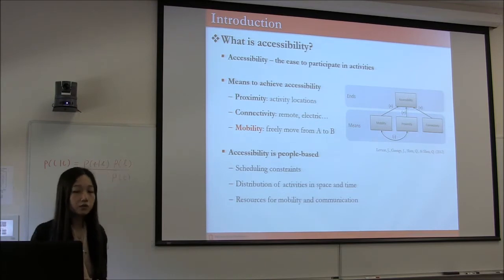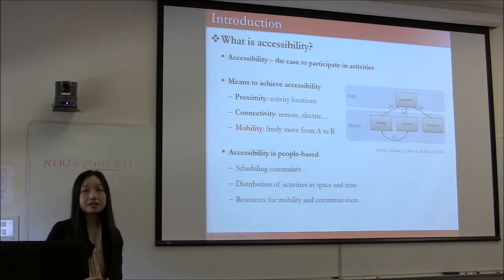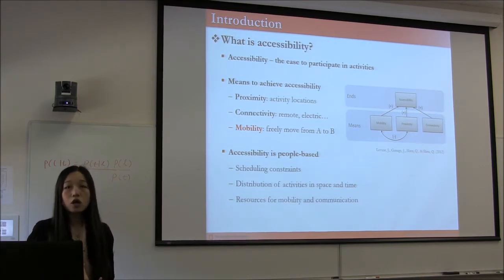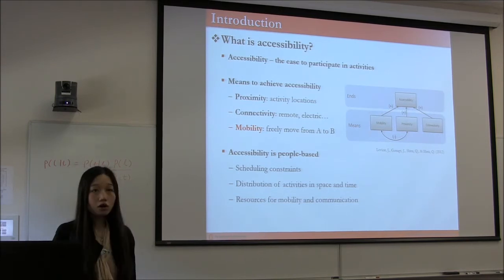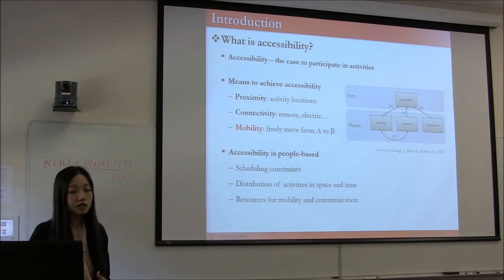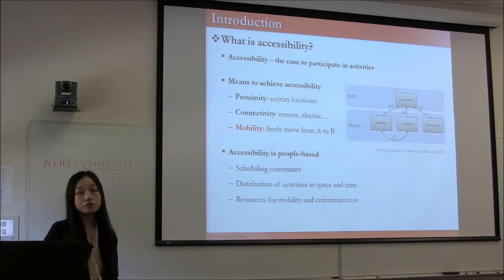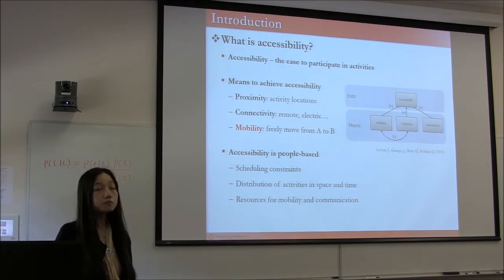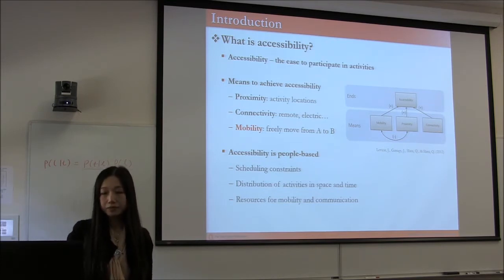The third is that the resources for individuals will also be different. Some people may have an iPhone, others may not. Some people have cars, and other people may have to take transit. So the resources for mobility and communication will vary by individual as well. So accessibility should be developed as people-based.